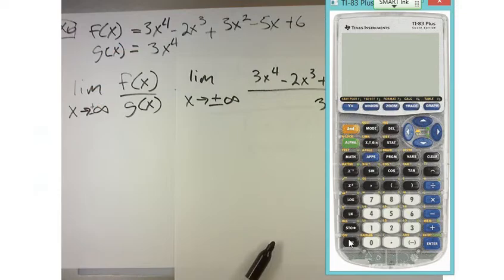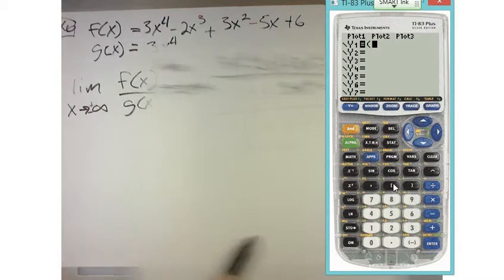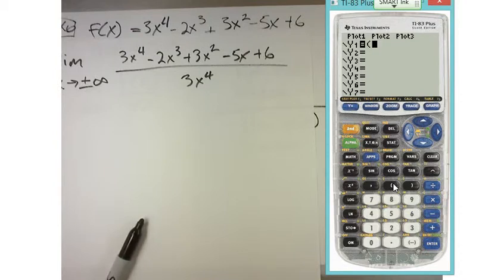So I'm going to come in here and clear this out. Remember that the numerator and denominator should have parentheses. That's the only way the calculator can determine what's the numerator and what's the denominator. So let me try this. 3x raised to the, whoops. Oh, it won't let me do it that way. All right, fine.